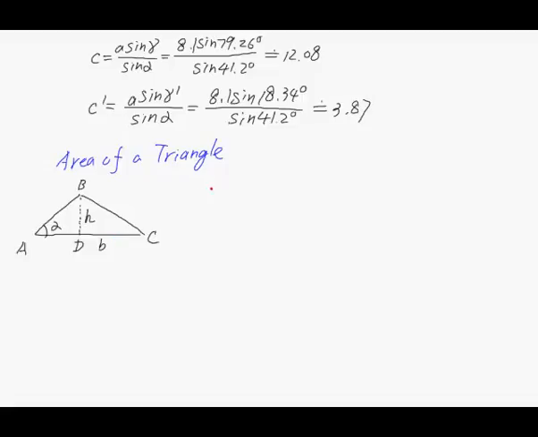So the area A should be equal to half times this bottom side times the length of this altitude, right?